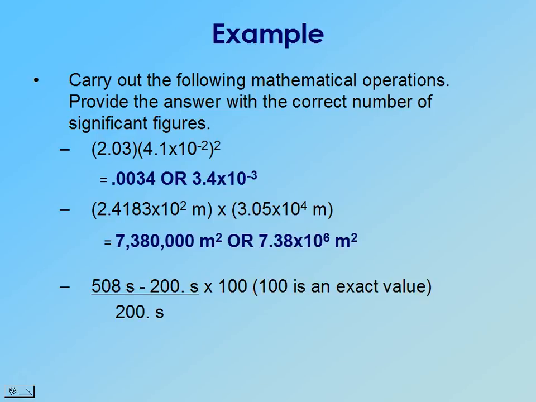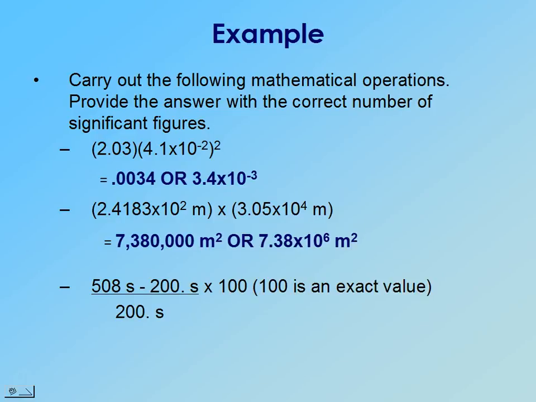You could write this in scientific notation form, or you could write it as an ordinary number, but regardless, you want to make sure you have 3 sig figs in your answer. So 7.38 times 10 to the 6, and then the units would be meters squared for the 2 meters being multiplied together.